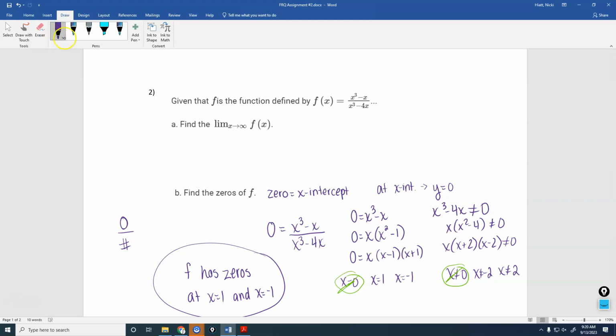So if you are looking for zeros of a function, the numerator is equal to 0, and the denominator is not equal to 0.